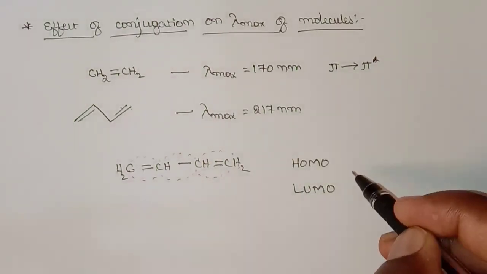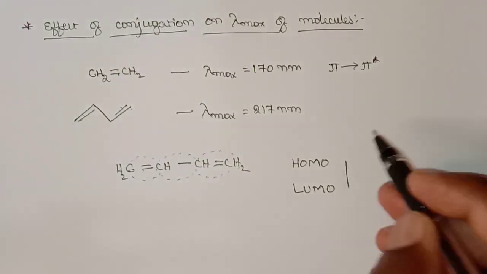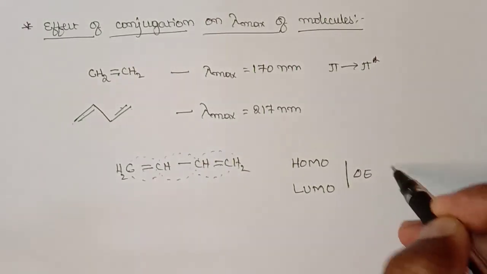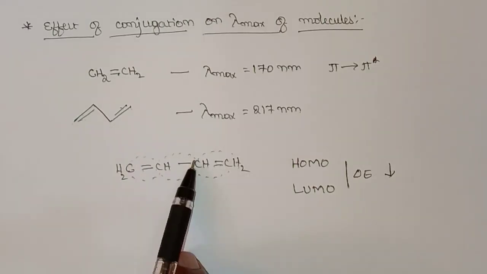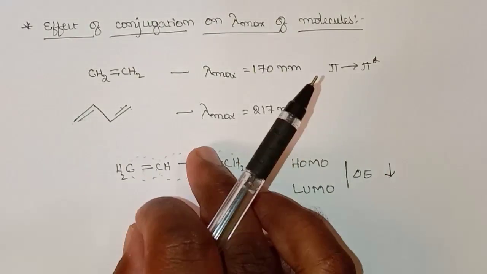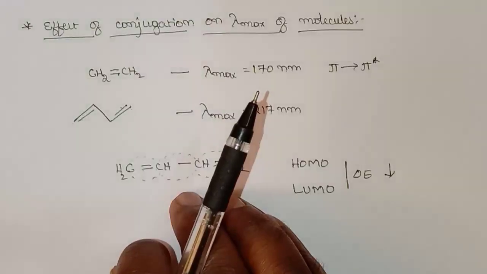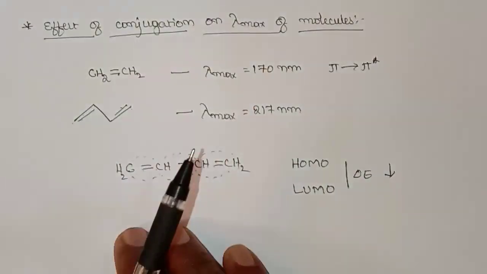As a whole, the energy difference between HOMO and LUMO, that is delta E, decreases. So when there is a smaller energy gap between HOMO and LUMO for a molecule having conjugation, less energy is enough to cause transition of an electron from HOMO to LUMO.